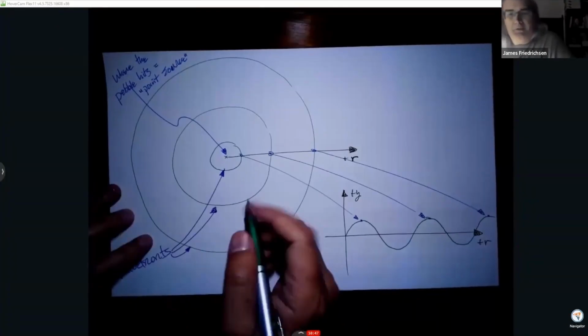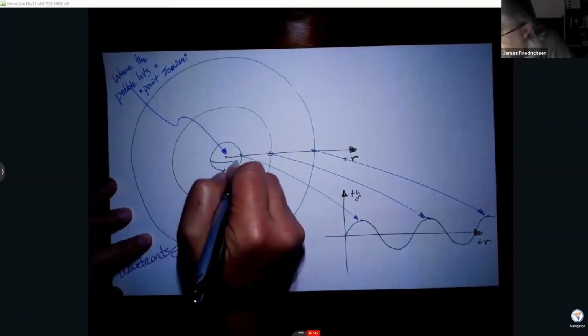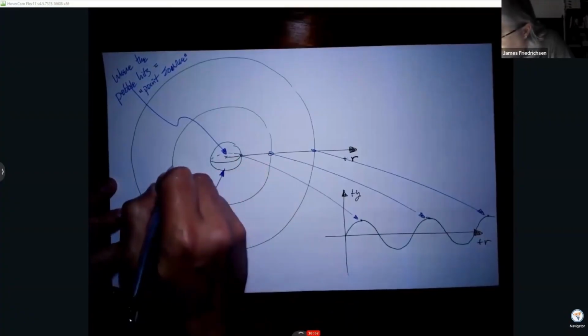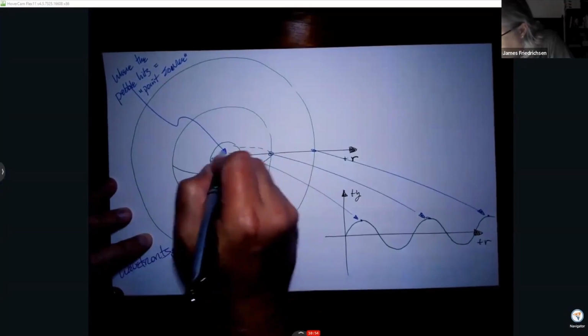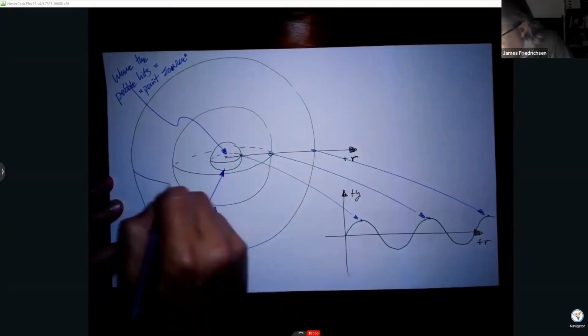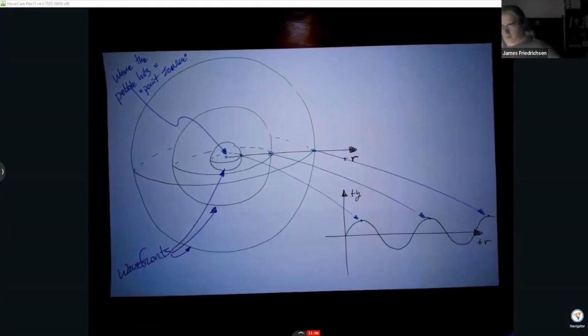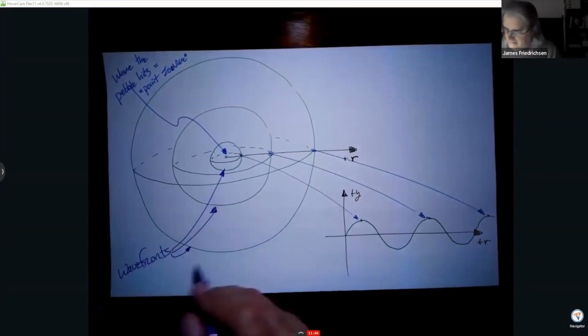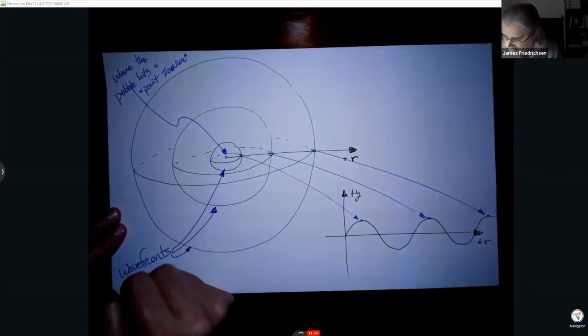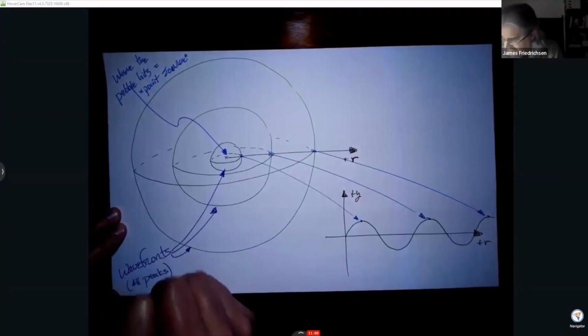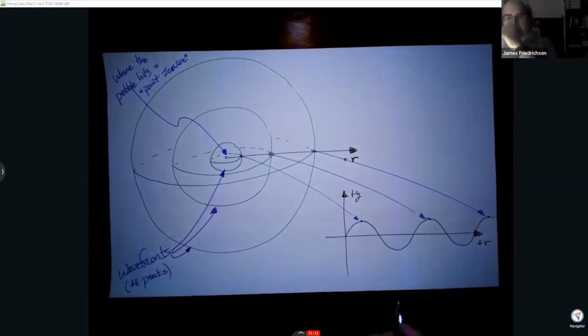Okay, so in 3 dimensions, what we get is that these would produce spherical wave fronts. So outward they go. And so wave fronts, and let me mark that these are all peaks, like so.